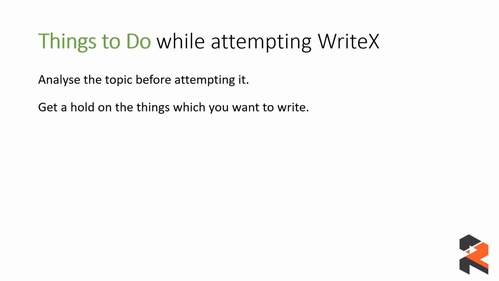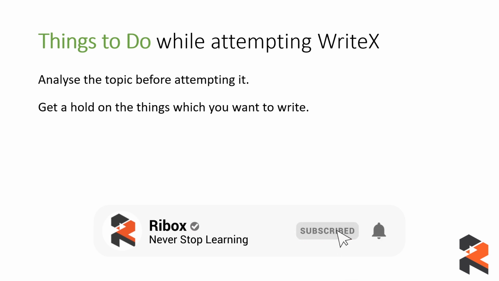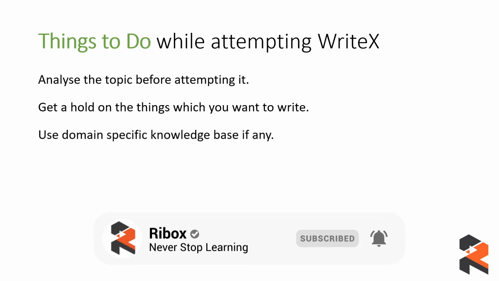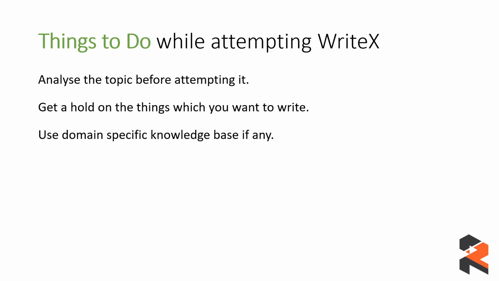So that will be really helpful for you, because in that case you can later think about sentence framing, the grammatical mistakes or the punctuation marks about which we just talked on our previous slide. Using domain specific knowledge base, if any, as I referred to the example of politics in the previous slide, you can use to increase your sentences and also be on topic.